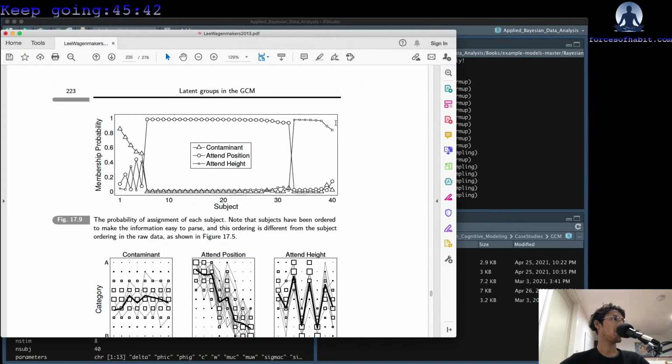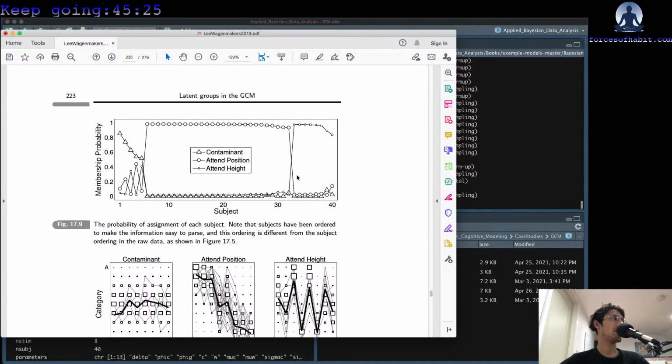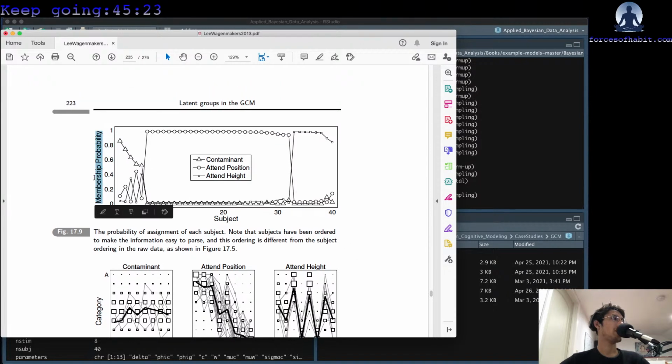And then we have this smaller group of people who are attending to the height. So most people are attending to the position of the line, some people are attending to the height, and some people are likely just guessing. That's what I'd infer from this membership probability.